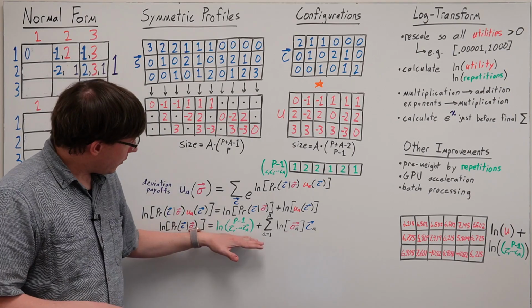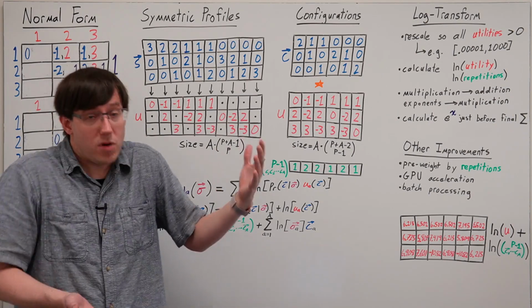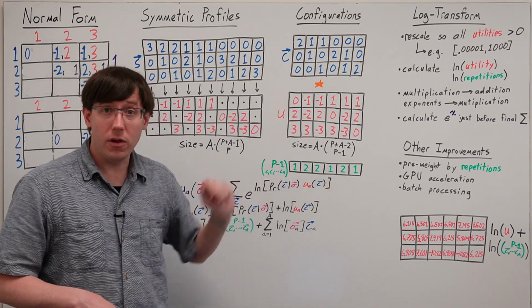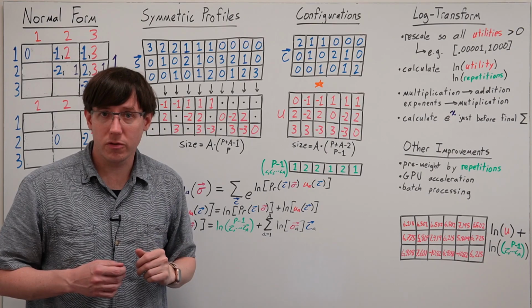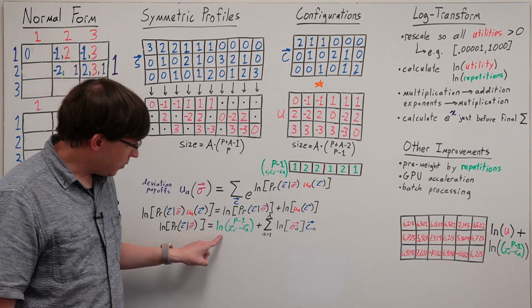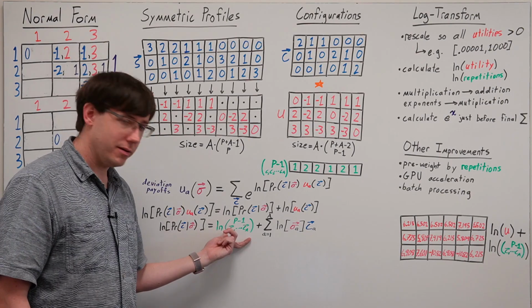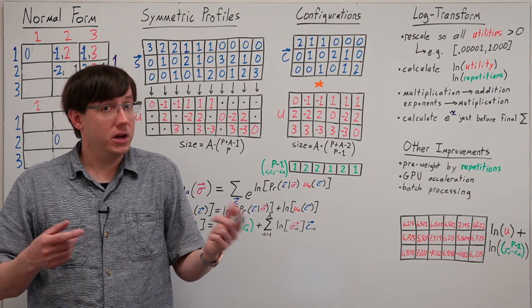And the log of the repetitions is a dramatically smaller number than what was previously overflowing our 64-bit integers. And so we can compute this log of the multinomial and store it, which allows us to handle much larger games.